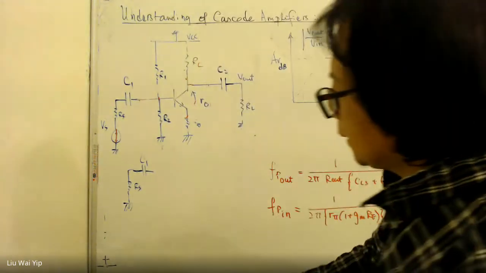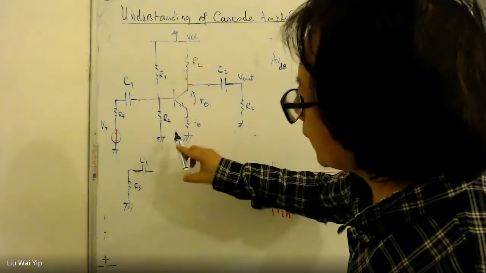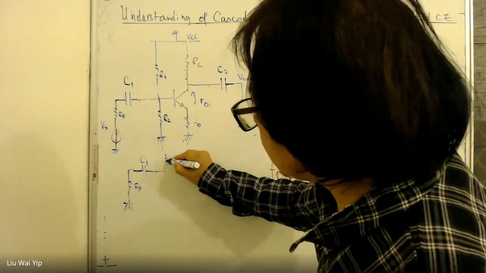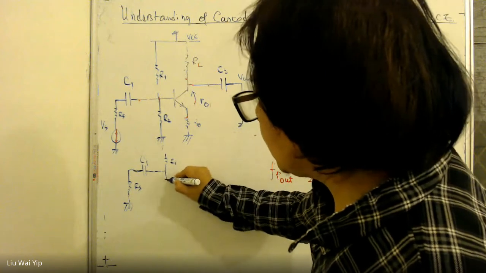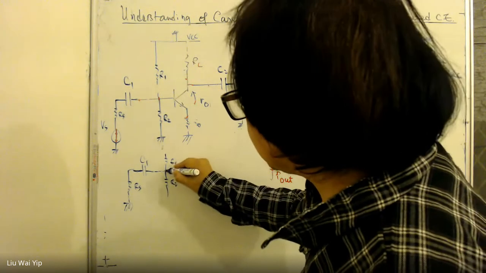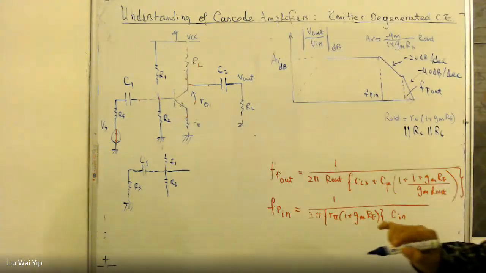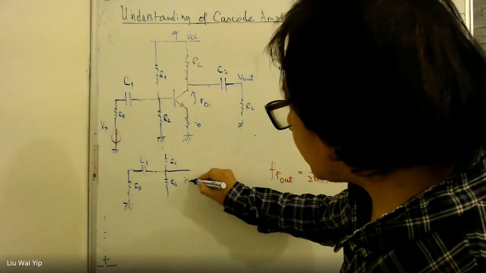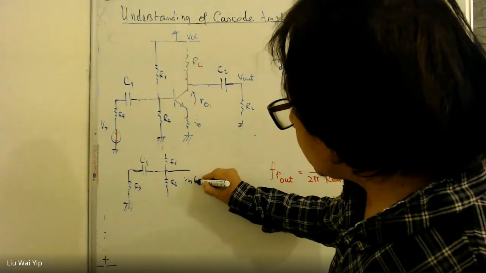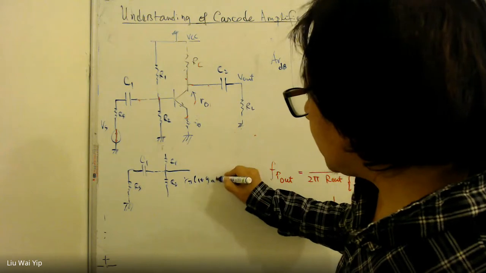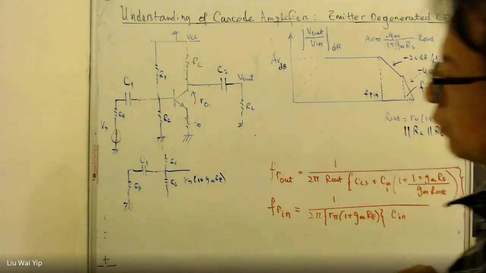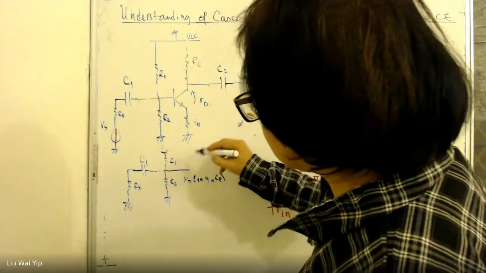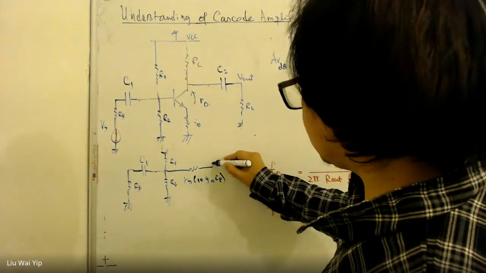How about the capacitance here? It has R1 here, R2 here, and the other one here is the input impedance. This input impedance is R pi times 1 plus GMRE. We have already worked this out before. So this one grounded, and this one grounded, and this one grounded.